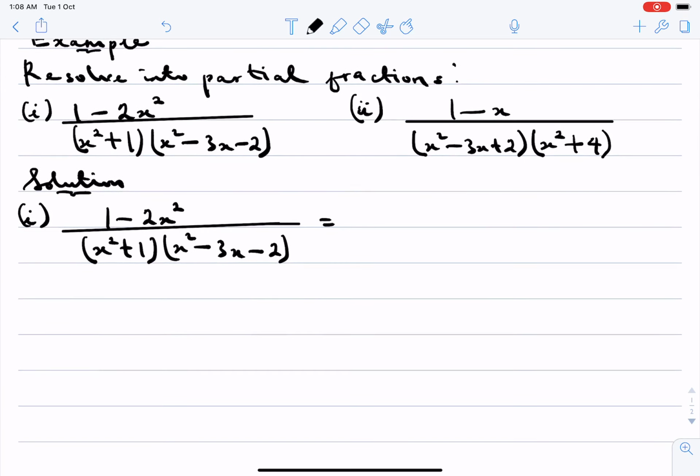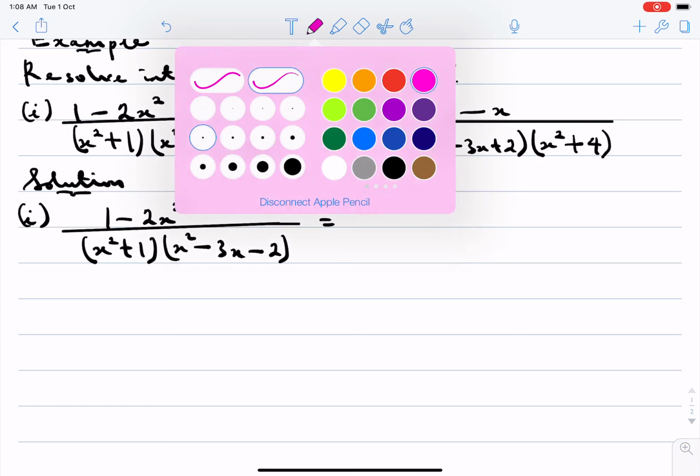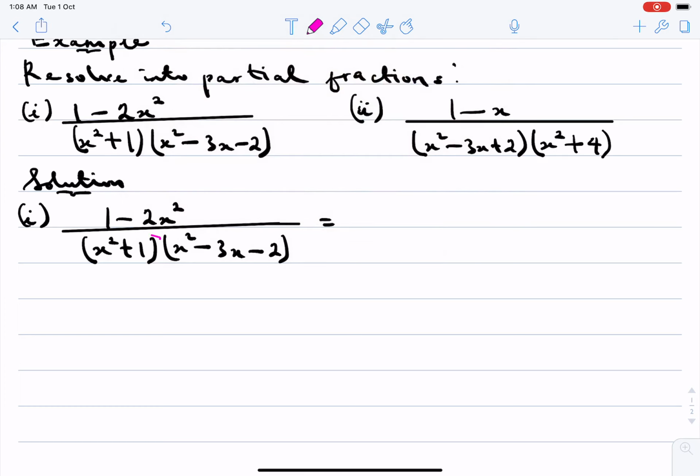The first thing to check is what type of denominator we have. We can see that this denominator is a quadratic factor, which means it's a polynomial of degree 2. That means n equals 2.